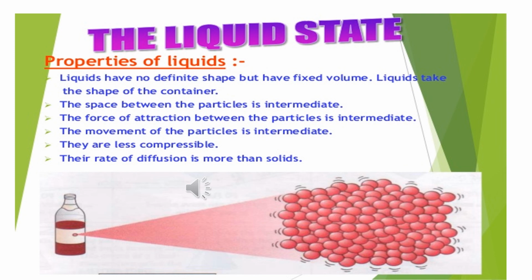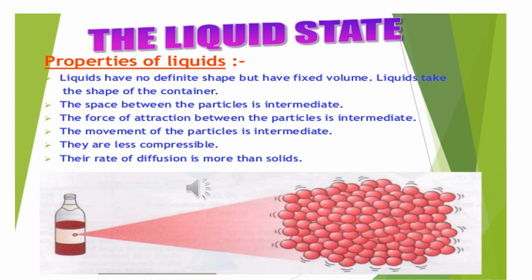But this force of attraction between the particles of any liquid will be less as compared to those of solids. Also, from this we can say that as the particles of liquids are away from each other, they possess kinetic energy. This kinetic energy is more as compared to that of solid.